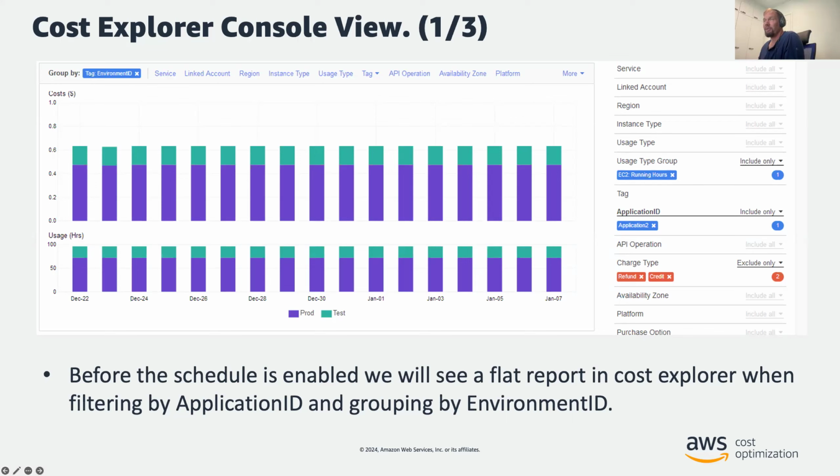So after you have done the tags, you can easily see that our test environment is not costing that much, but the production environment is the one causing costs. So from that data, you would be able to identify what to do.